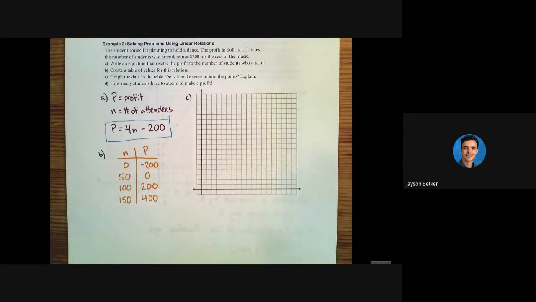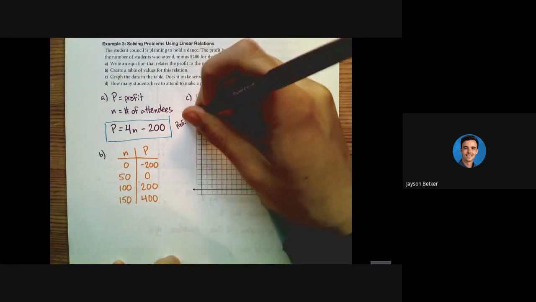Now, graph the data that you put into your table. So that's part C. So again, same type of thing where our independent variable is going to be the number of students that show up, and then it depends how many students show up, how much profit we're going to make. So this right here is going to be profit in dollars.